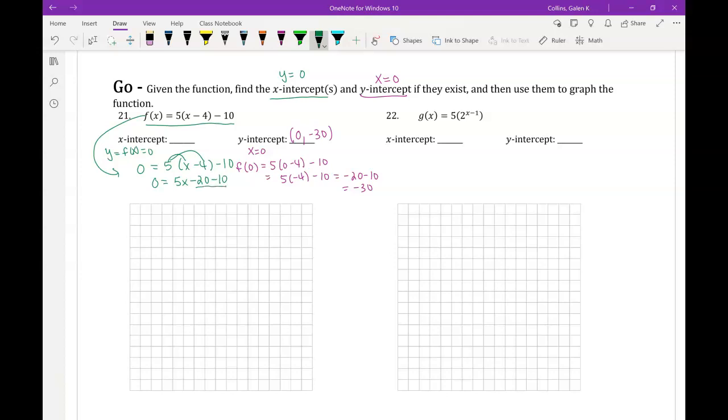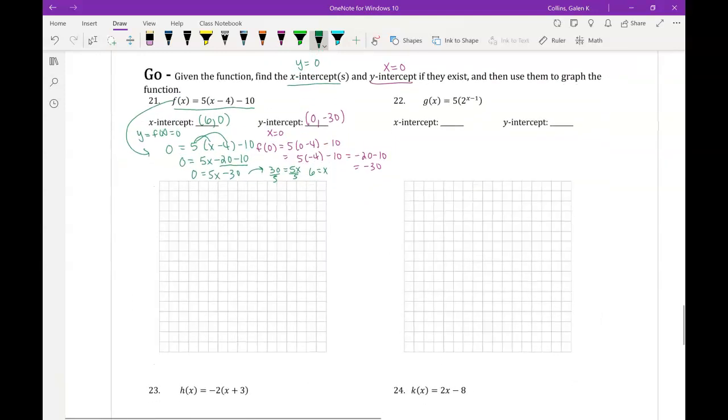I could combine these like constant terms to be minus 30 or negative 30. Then I could add 30 to both sides to get 30 equals 5x. And then when I divide both sides by 5, I get that 6 is equal to x. So our x-intercept should be the ordered pair 6, 0.